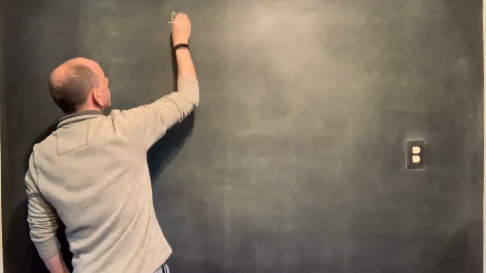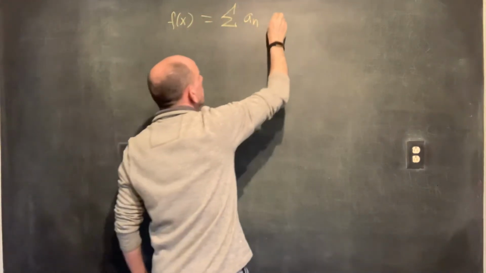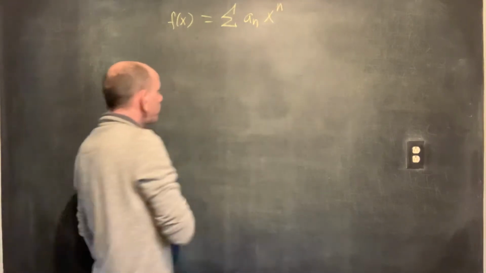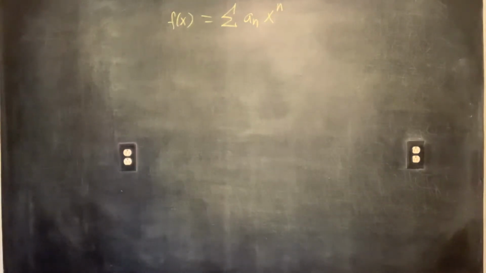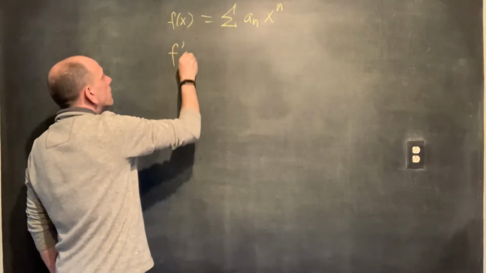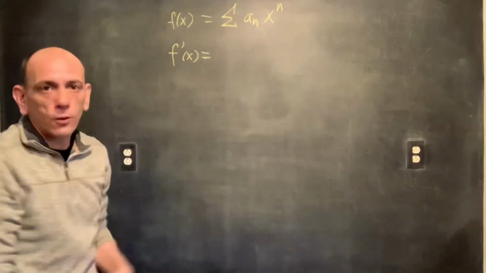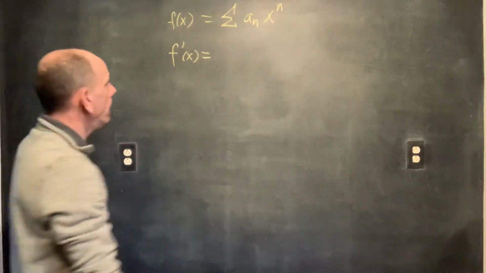If f of x is the series a sub n x to the n, then the derivative is, well, we can pull the constants out. We can always pull the constant out of a derivative anyway.